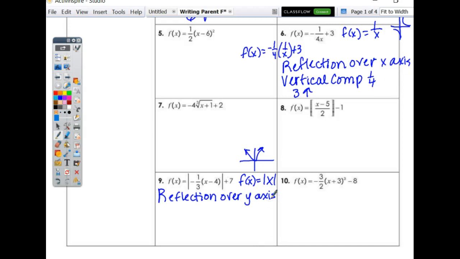That makes this a B value. So 1/3 is my B. So what do I have to do with the 1/3? I have to put 1 over 1/3. So what does that become? 3, which is going to be a horizontal stretch. The -4 will be 4 to the right and 7 up.